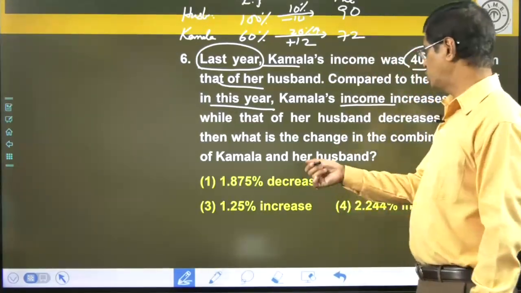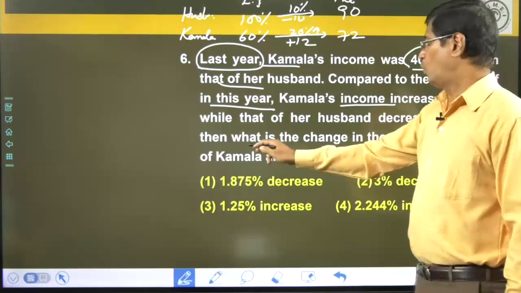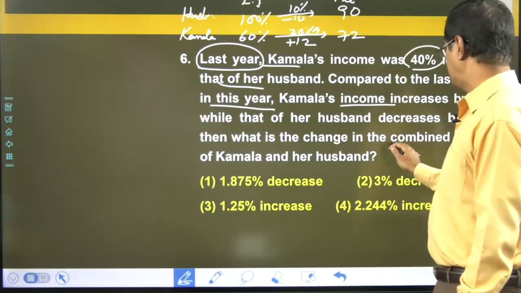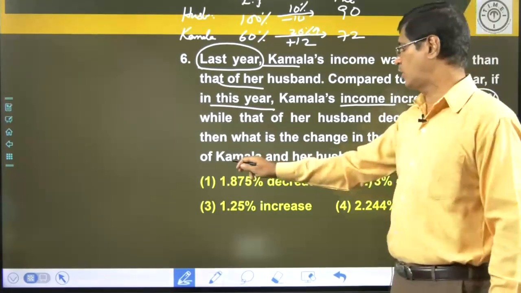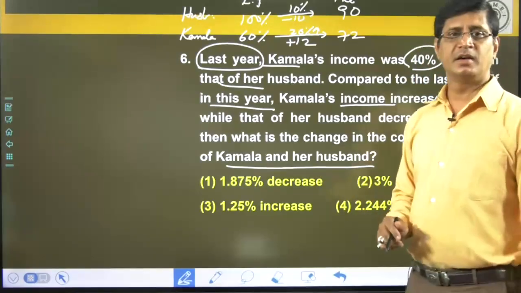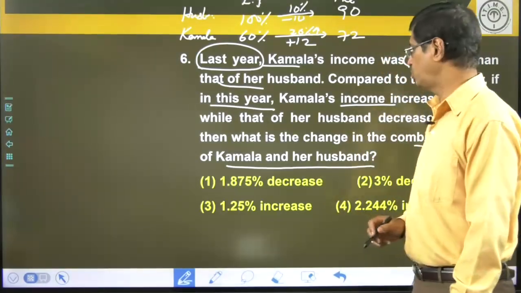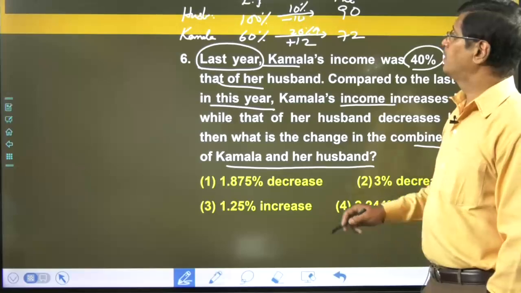Now what is the question? Then what is the change in the combined income of Kamala and her husband? Combined income, percentage change to be found. What is the change?